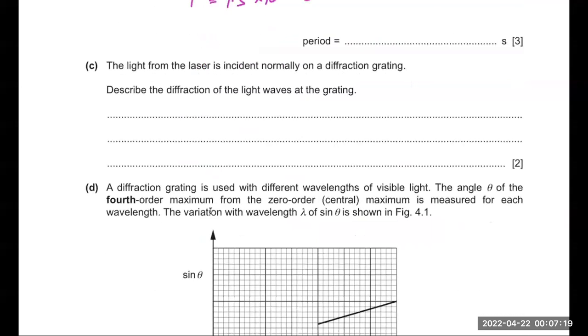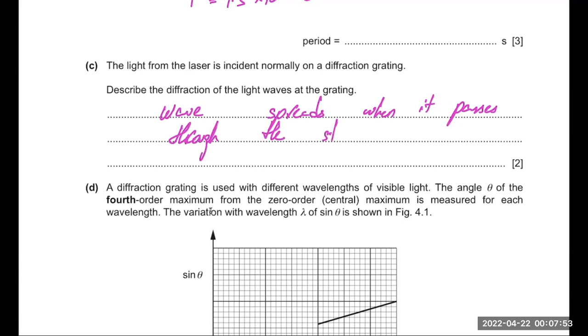The light from a laser is incident normally on a diffraction grating. Describe the diffraction of light waves at the grating. What is diffraction when light hits the grating? So our wave spreads when it passes through the slits of the grating.